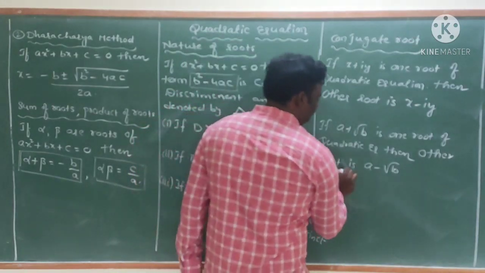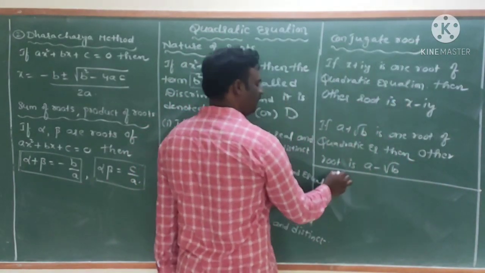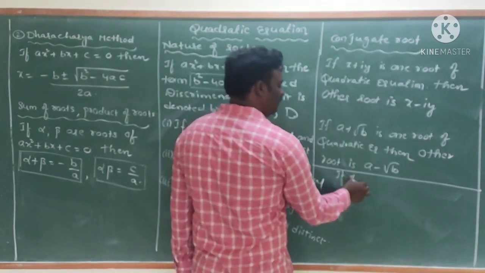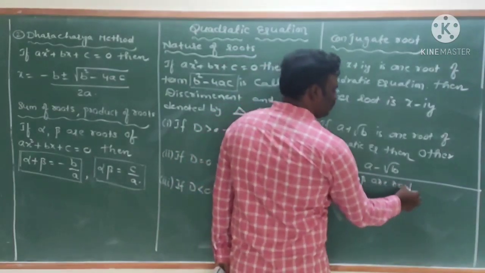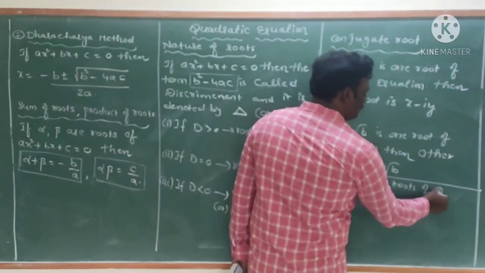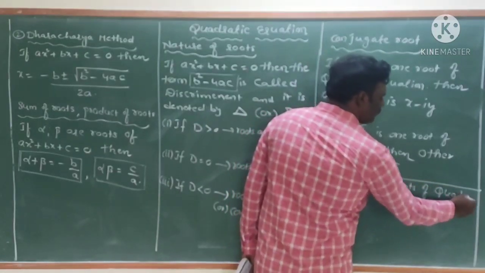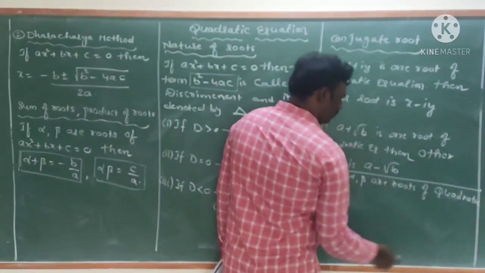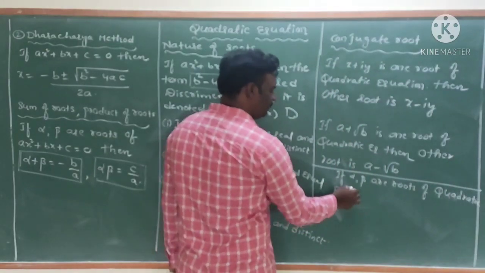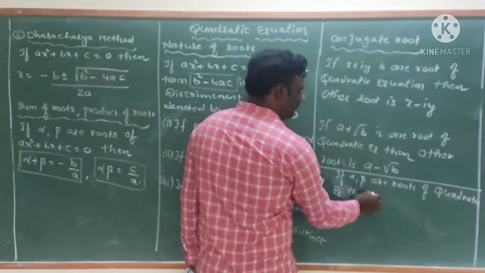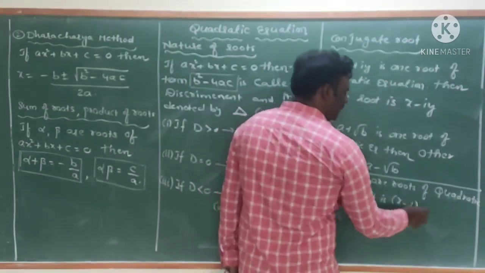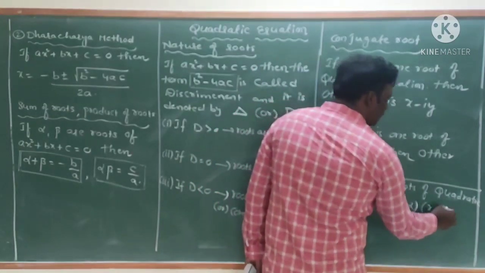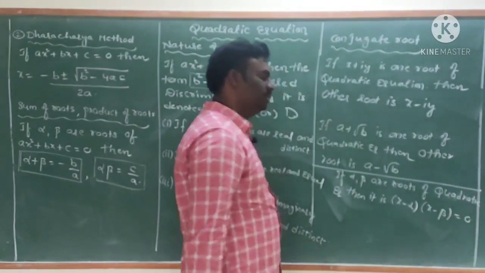Next definition. If alpha comma beta are roots of a quadratic equation, then what is the formula? x minus alpha into x minus beta is equal to 0.